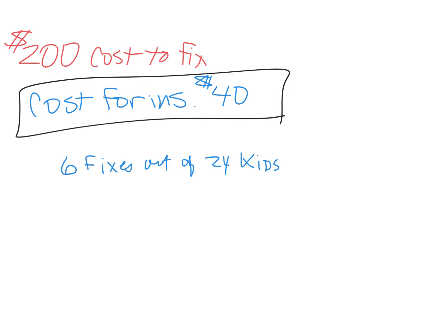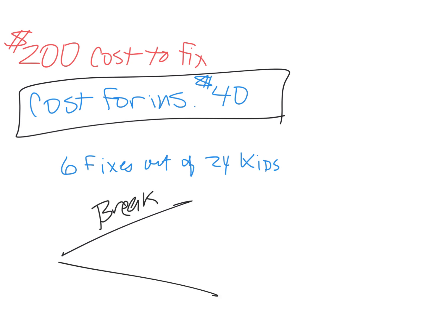All right, so there are 2 scenarios. Would you agree you're either going to have your iPad break or not? That's the only 2 things that can happen. Over the next year, your iPad's going to break or it's not going to break. We just figured out the probability it's going to break. It's 6 out of 24.